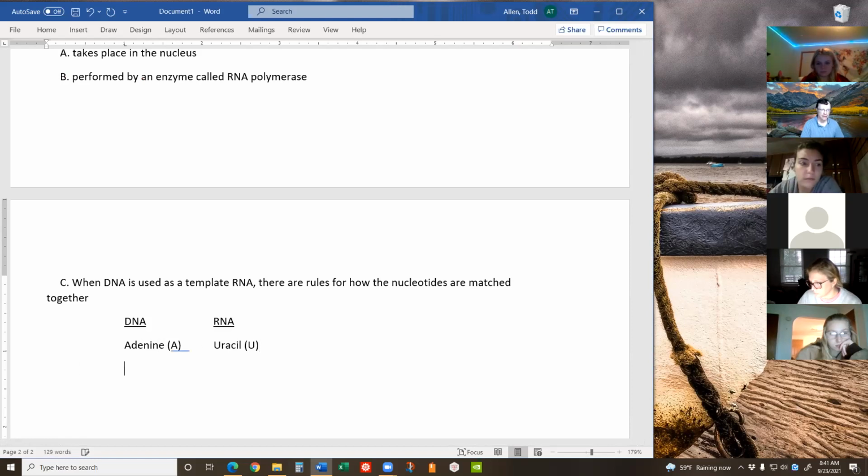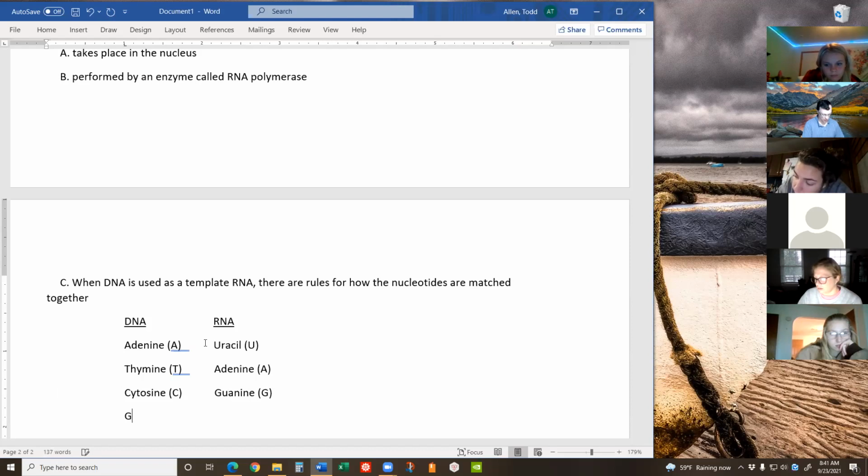If DNA has a thymine nitrogen base, abbreviated T, then RNA polymerase will put an adenine, an A. If there is a cytosine in the DNA, then RNA polymerase will put a guanine in the RNA.